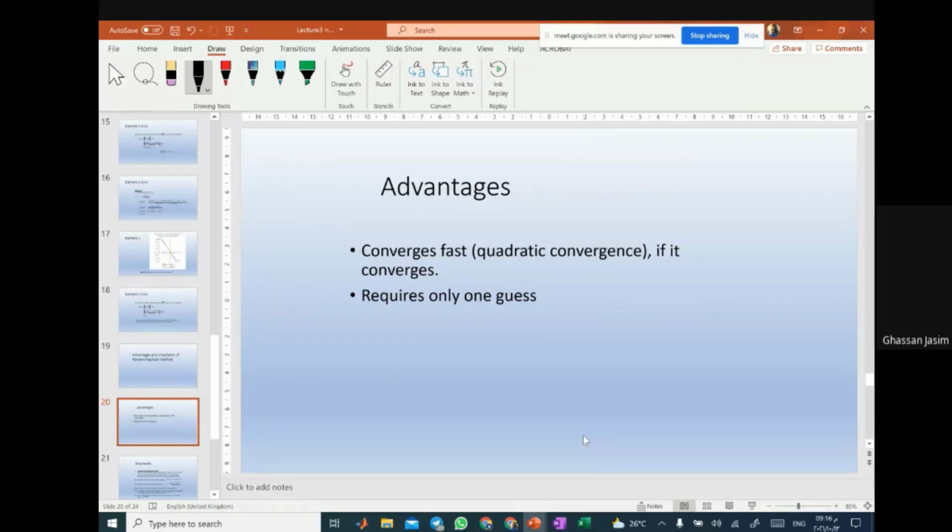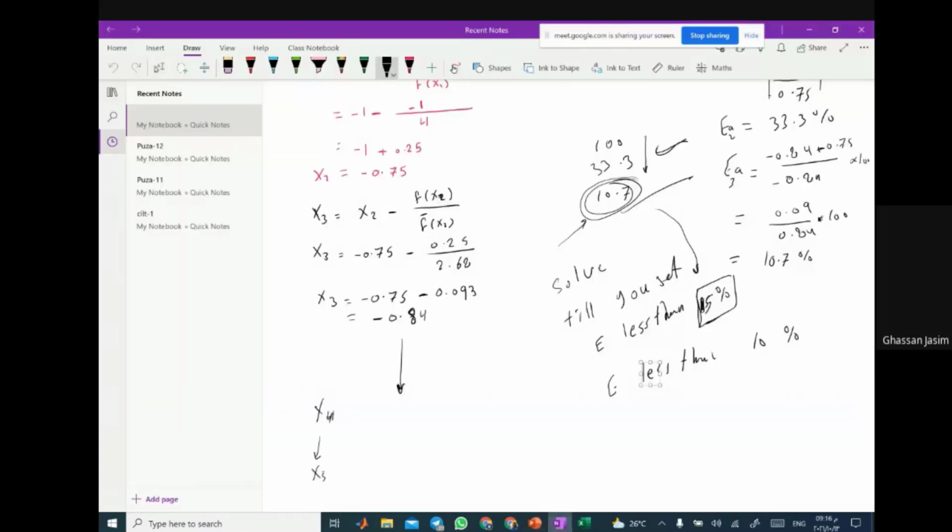What does that mean? Converges fast. That means we find the solution in fewer steps, maybe 3 or 4 or 5 steps, and it goes to the solution fast.